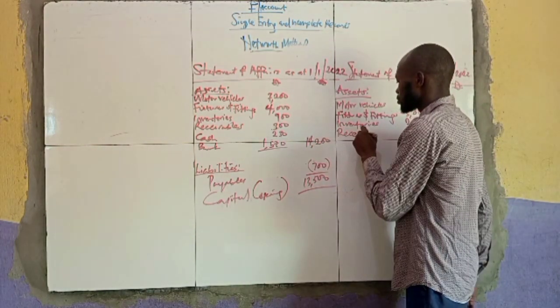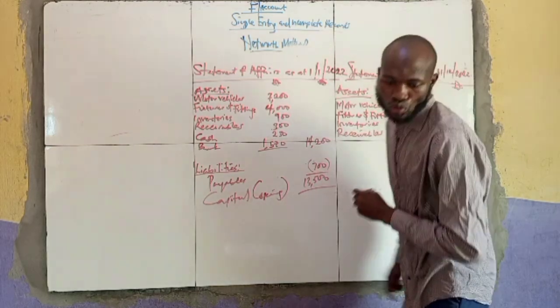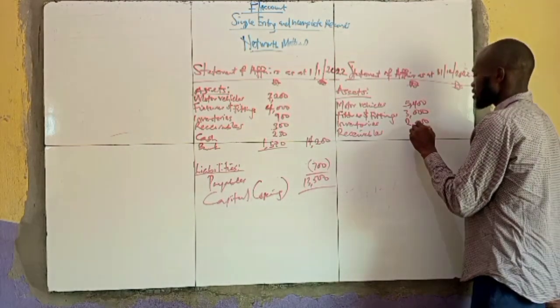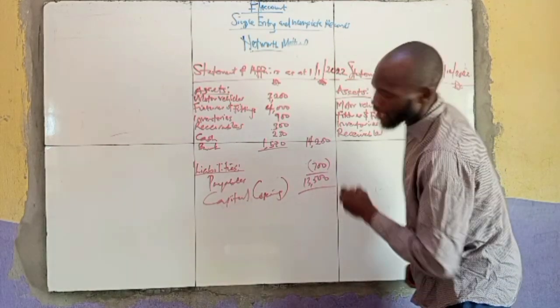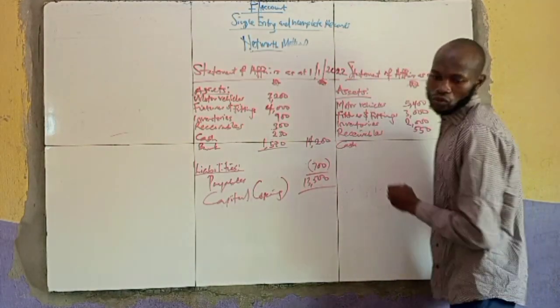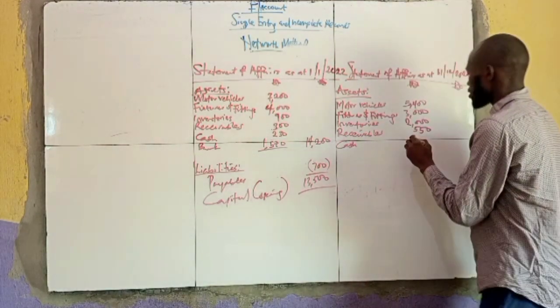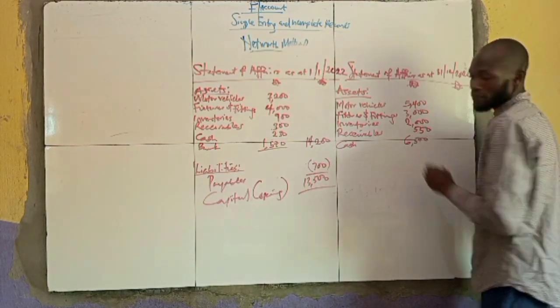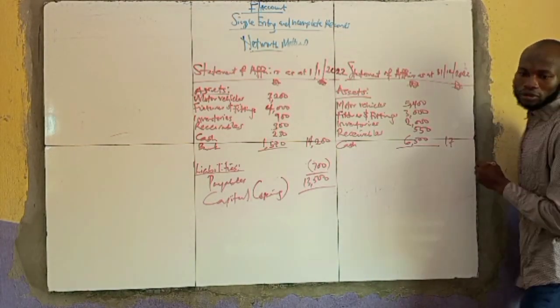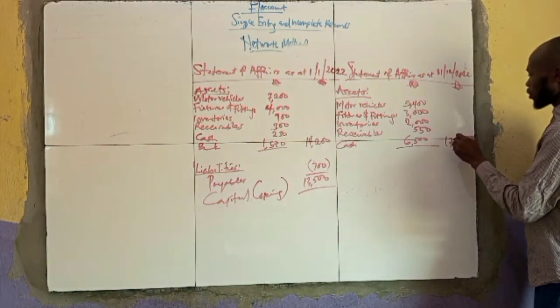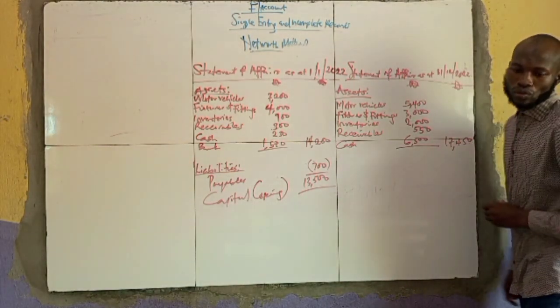Receivables 550 naira. Cash 6,500. And the total is going to be what? 17,450.